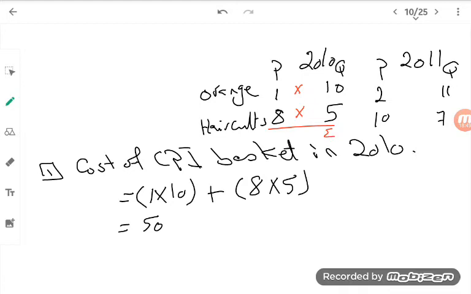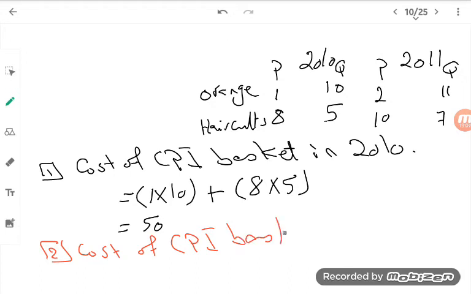Now we would like to calculate cost of CPI baskets for year 2011.